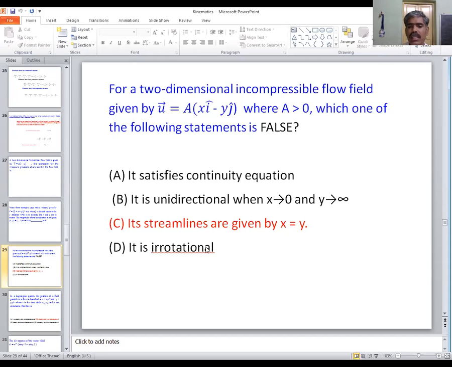You have to check whether this flow satisfies the irrotational condition or not. The given vector is v vector equal to a into x i vector minus y j vector. For a two-dimensional flow, this is u and this is v.